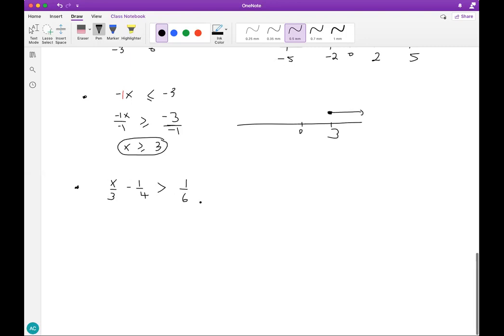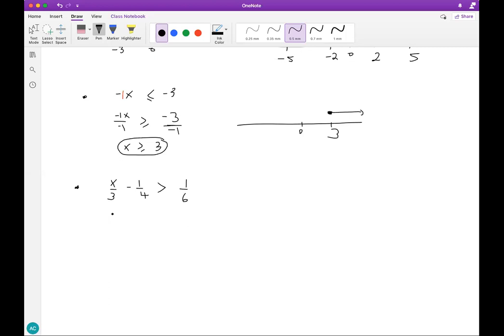Okay, so we want to solve this inequality first. I'm going to get the x by itself before graphing it. What do we do first in this inequality with multiple fractions? We need to get the x by itself, but how do you go?